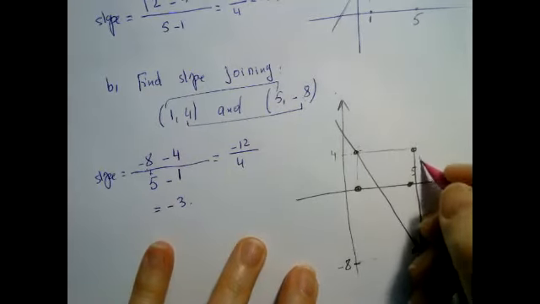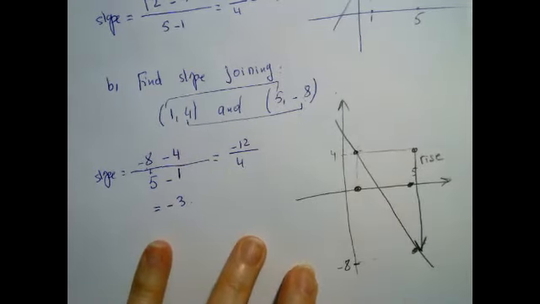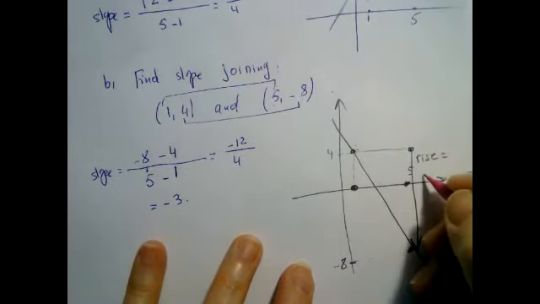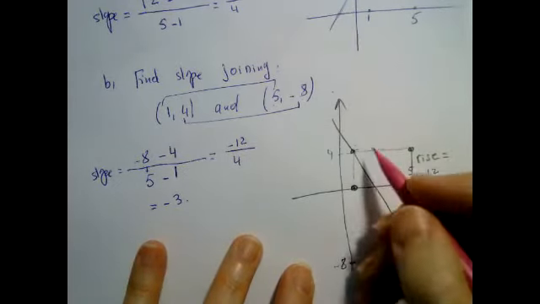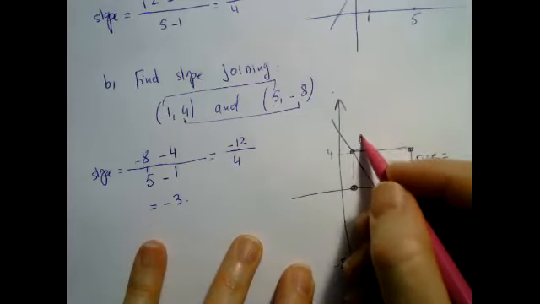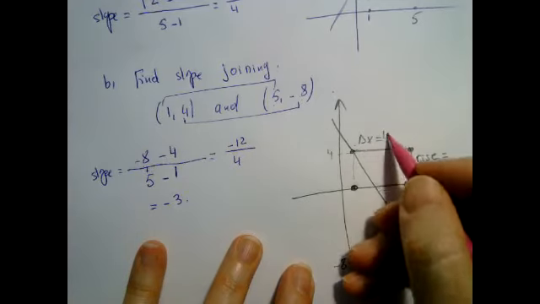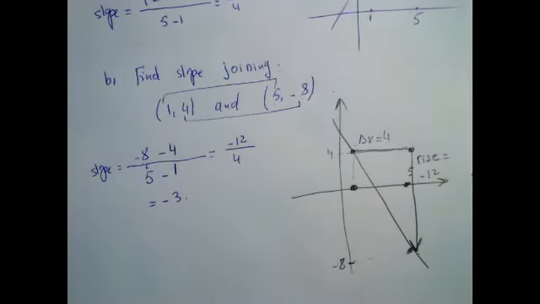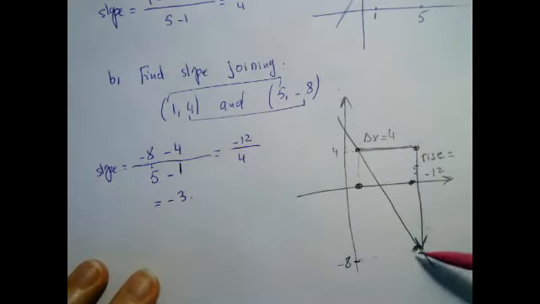That's what we're going to call the rise, even though it's a fall, but we usually use the word rise. So that's the minus 12. And by moving from 1 to 5, my x changed by 4. That's the change in x, and that's the change in y. Why is it negative? Because the graph is falling. The function is decreasing.